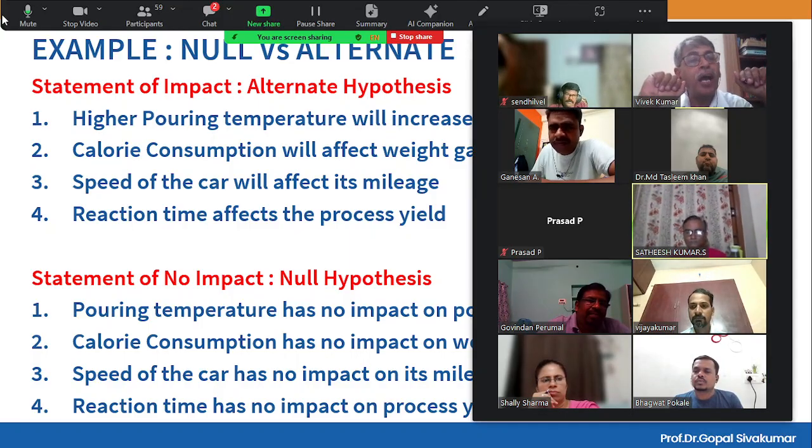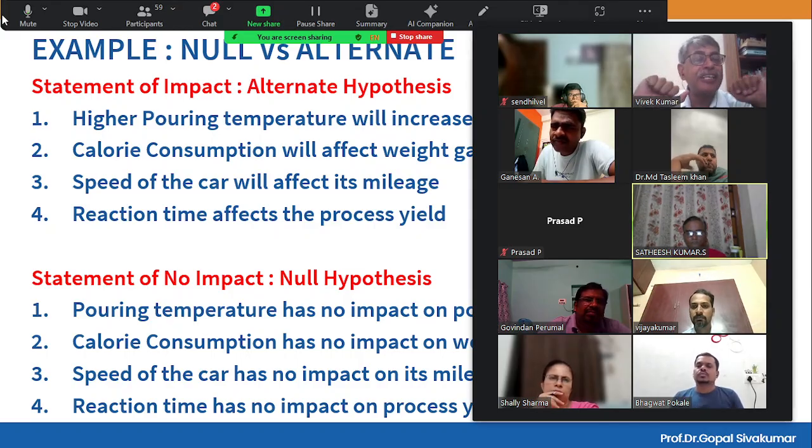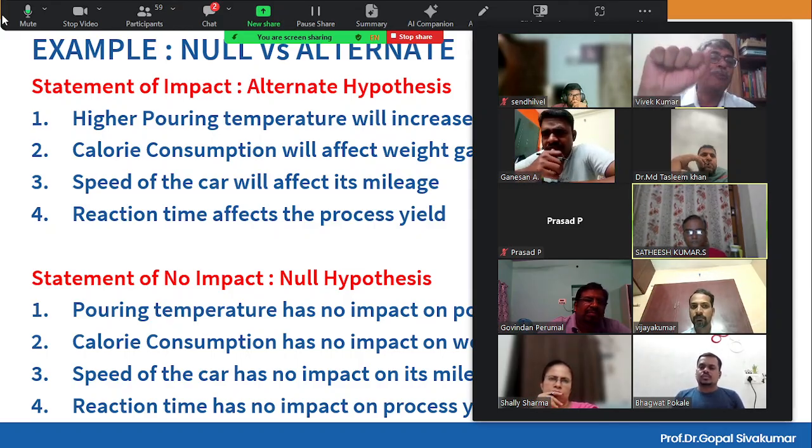That is fact number one. Fact number two: I will comment in only two possible ways. One is that I reject the null hypothesis, or I fail to reject the null hypothesis. Only two possibilities are there. This covers all possible situations. If I say I reject the null hypothesis, what does that mean?